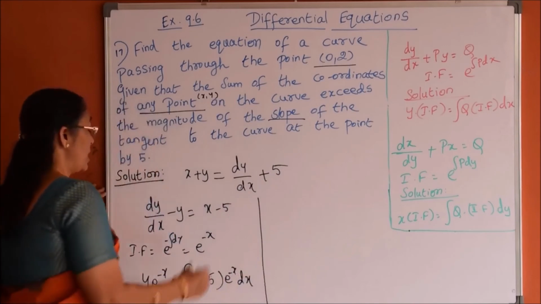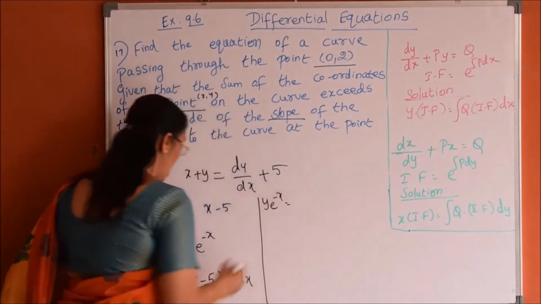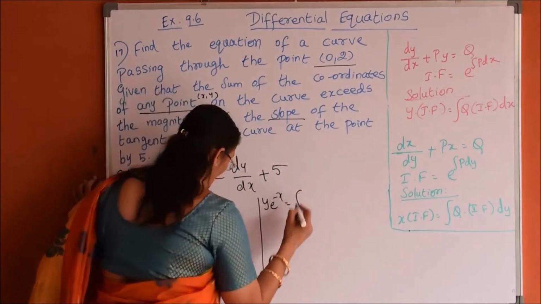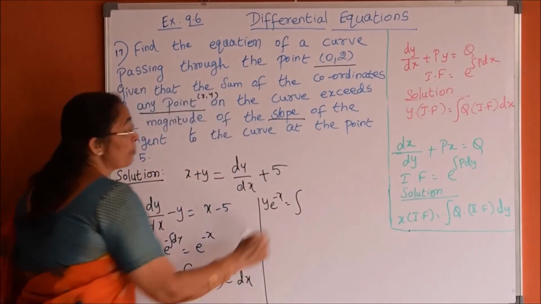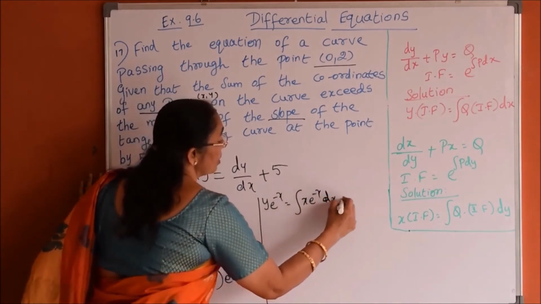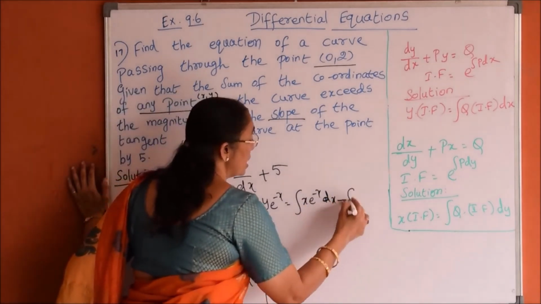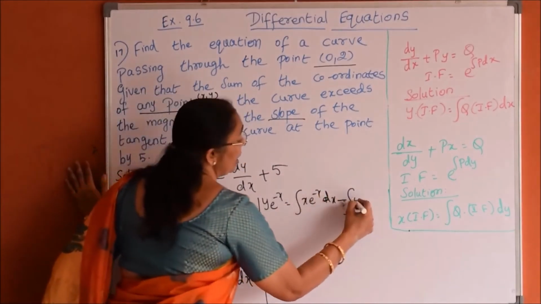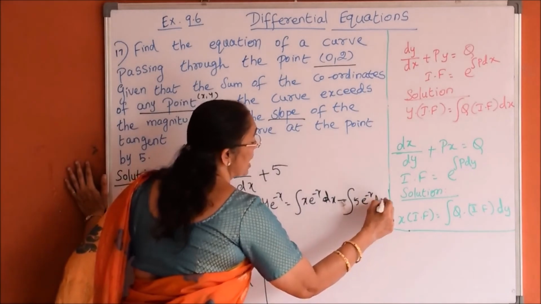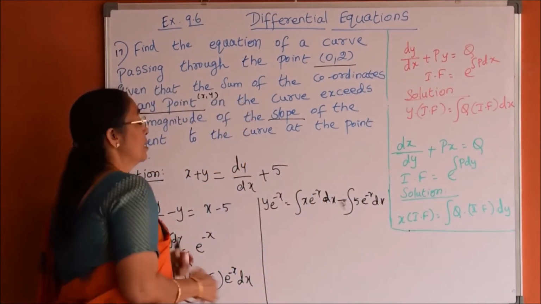Now, the left hand side is y e power minus x, equal to integration of, I can split this integration, x e power minus x dx, minus integration of 5 e power minus x dx. And this x e power minus x dx is again the product rule.